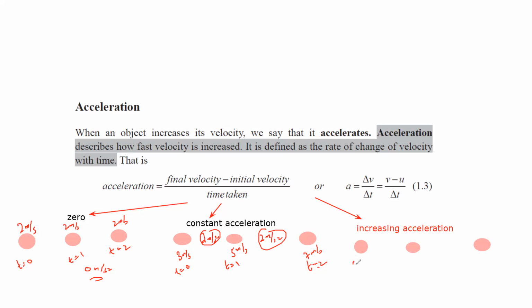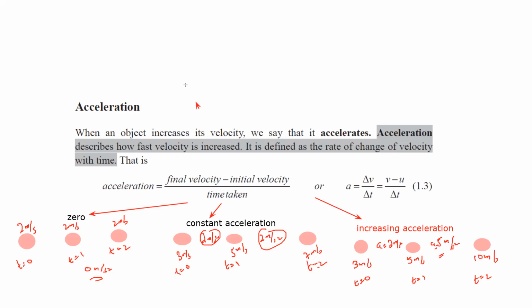So for example, in the beginning it is 3 meter per second when time is equal to 0, then it becomes 5 meter per second when time is equal to 1, and then it becomes 10 meter per second when time is equal to 2. So when we calculate acceleration, 5 minus 3 divided by 1, it will be 2 meter per second square. When we calculate the change here, 10 minus 5, it will be 5 meter per second square. So acceleration is increasing.